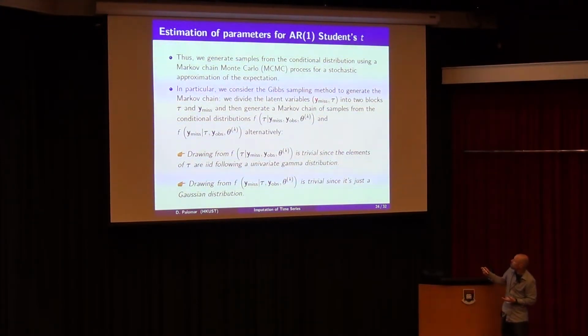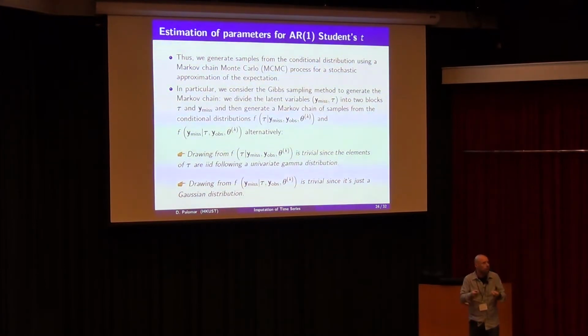It generates only one of them conditioned on the other: you fix one and generate this, then you fix this and you generate tau. Of course, if you generate one marginal and then the other, that's not the same as generating them jointly, right?